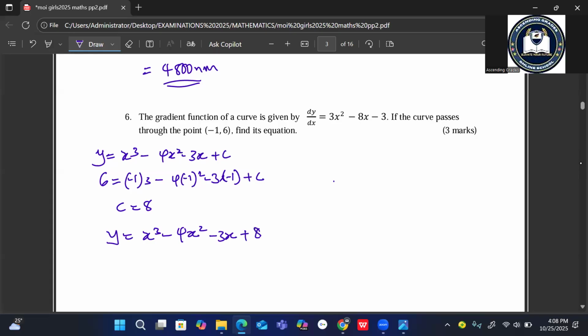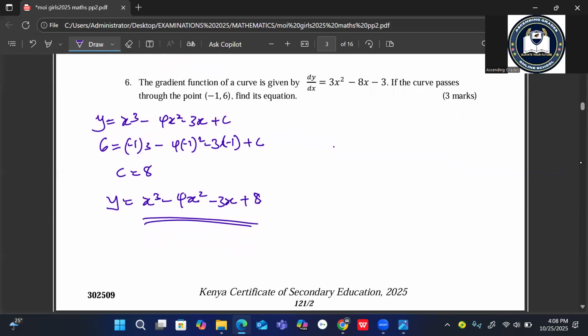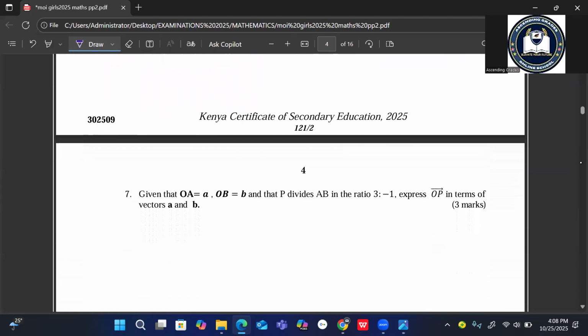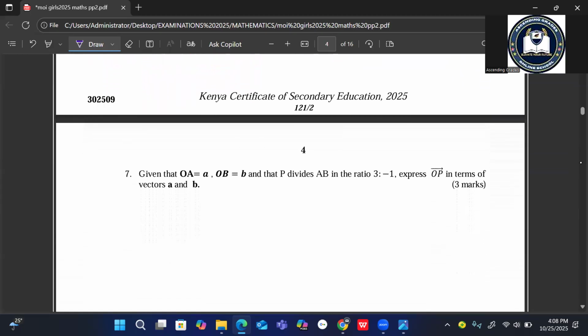So that is how we find the value of c, and then we replace it in the equation so that we come up with the equation of the curve. So y is equal to x cubed minus 4x squared minus 3x plus 8. Then we move to question number 7.